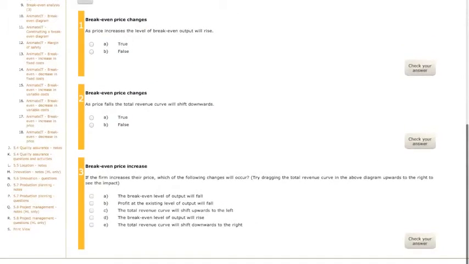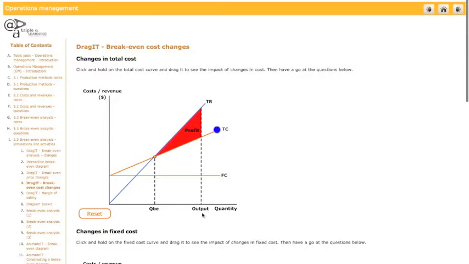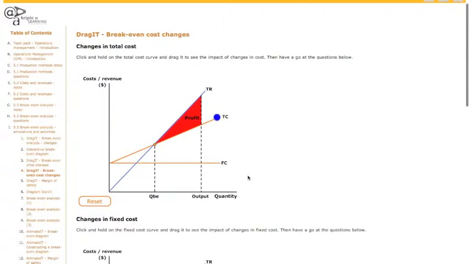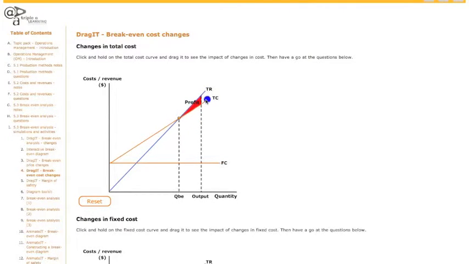And this is another cost and revenue chart, but here we can move total costs. And total costs are fixed costs plus variable costs. And so as total costs increase, our level of profit will be much smaller compared to the loss here in this area, and the level of output will rise.